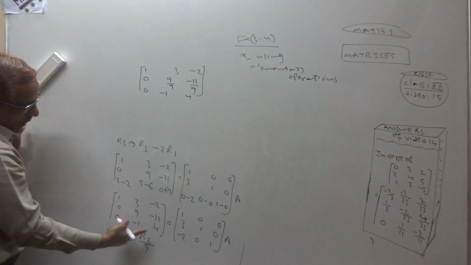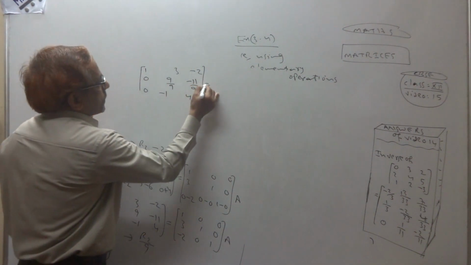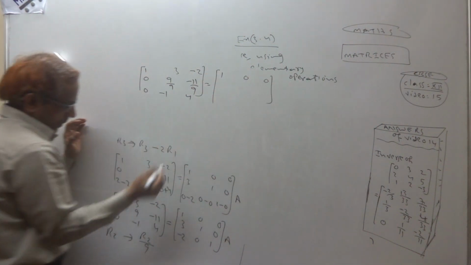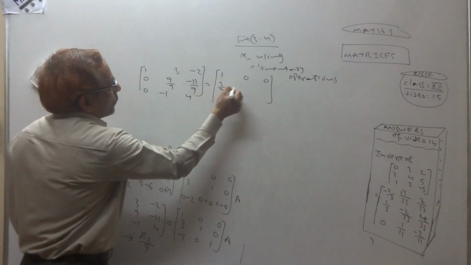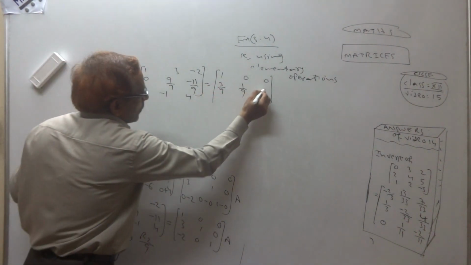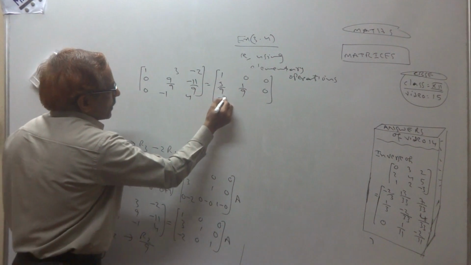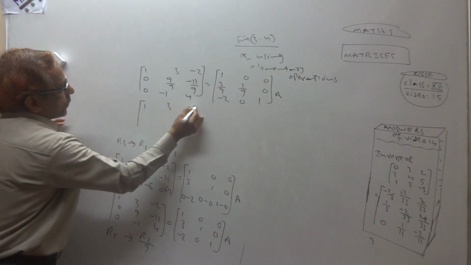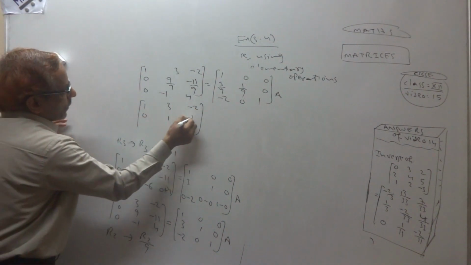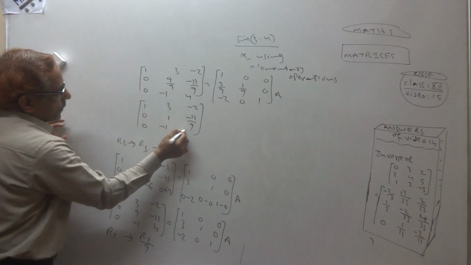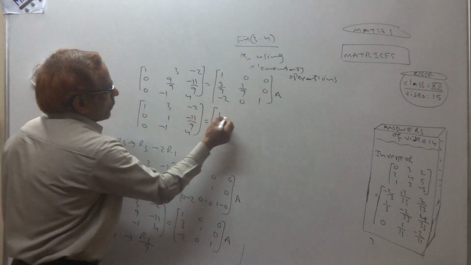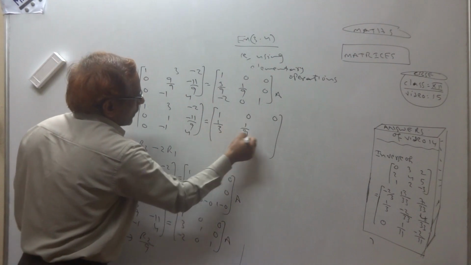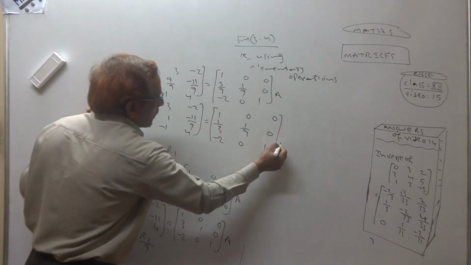On the right, 3 by 9 is 1 by 3, 1 by 9, 0 by 9 is 0. So we are getting 1, 3, minus 2, 0, 1, minus 11 by 9, 0, minus 1, 4, is equal to 1, 0, 0, 1 by 3, 1 by 9, 0, minus 2, 0, 1.